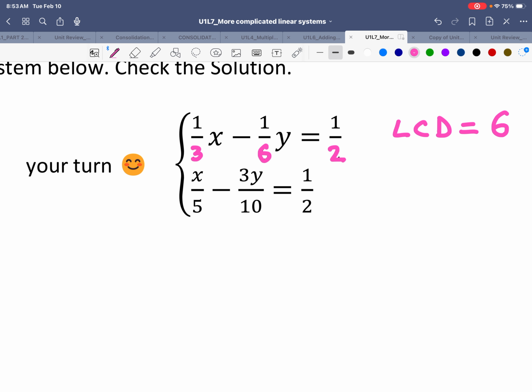Now, for 5, 10, and 2, the lowest number that is divisible by all denominators will be 10. So what that means is that we're multiplying here by 10 and we're multiplying here by 6.